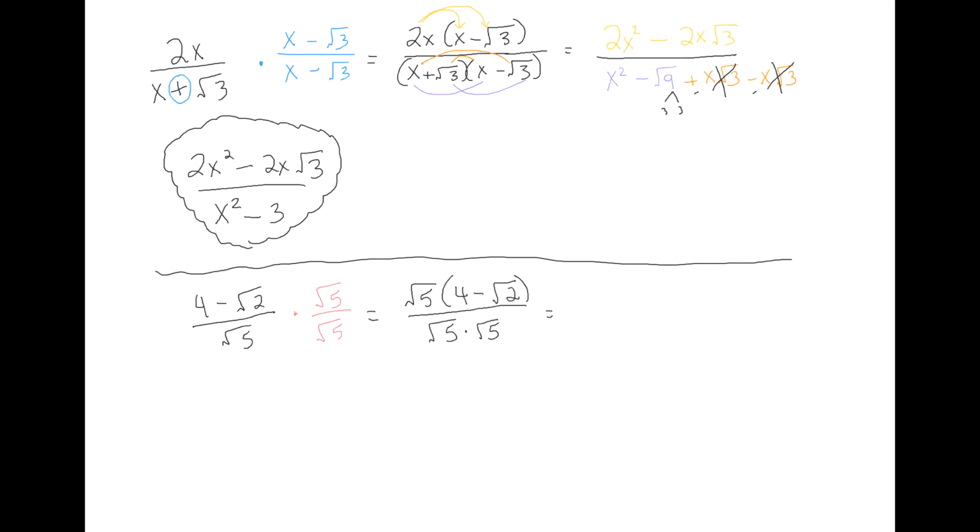Square root of 5 times 4 is 4 square root of 5. Square root of 5 times negative square root of 2 is minus square root of 10, because that's inside times inside.